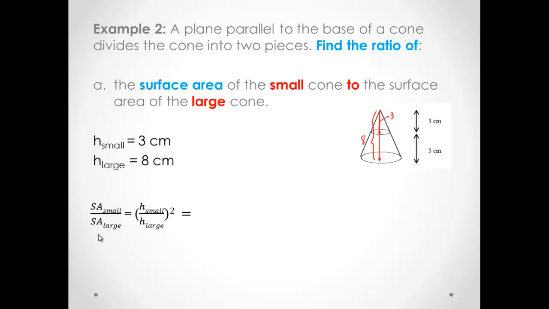When we're talking about how that relates to the scale factor, it is squared. So all we need to do is put the height of the small one over top of the height of the large one, 3 over 8, and we square that. That works out to be 9 over 64, or 0.14065. Either one is a correct answer.